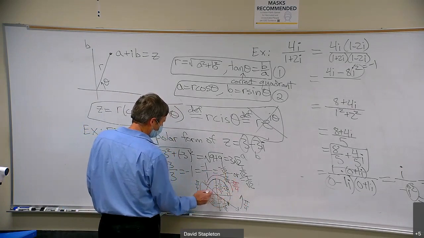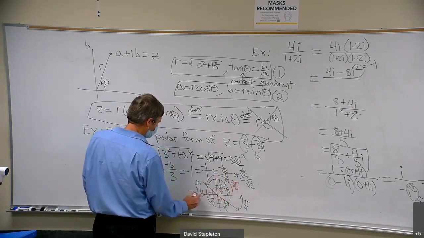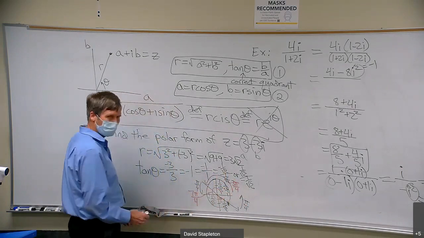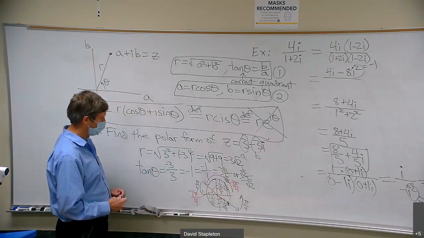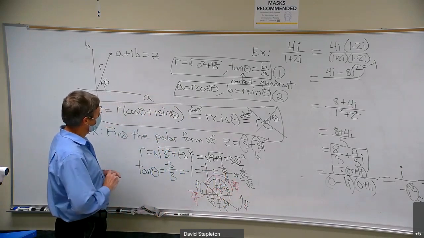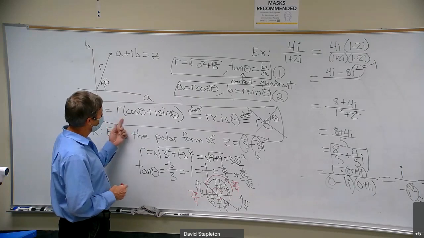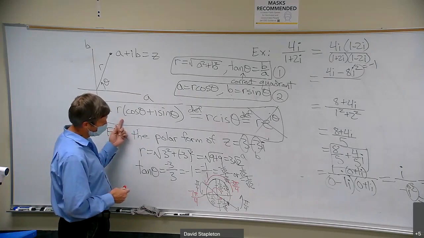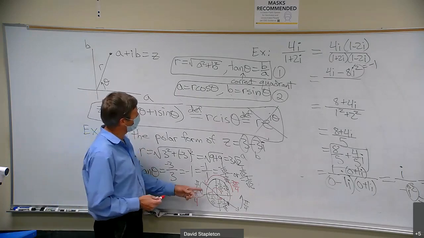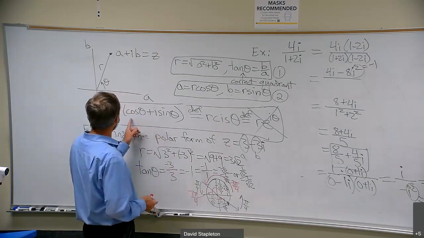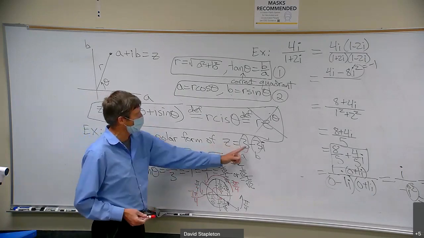Now, which one do we want? Since in complex numbers, we always choose r to be the positive distance, we want the one that goes in the same quadrant as the original point. The original point was 3 minus 3i.